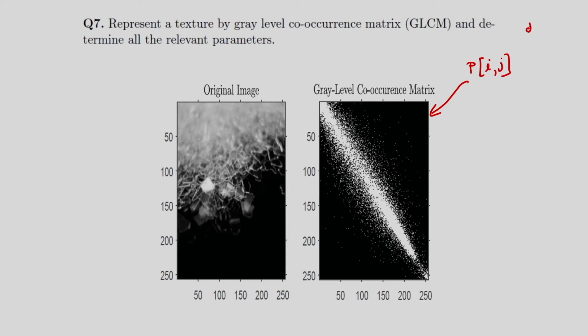So for a particular displacement D I can determine the co-occurrence matrix, the Pij, and that is displayed as an image, that is the gray level co-occurrence matrix. And from this I can determine the parameters. The parameters may be the maximum probability, moments, the contrast, entropy, uniformity, homogeneity.